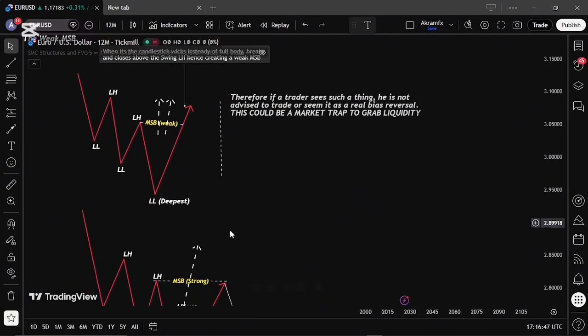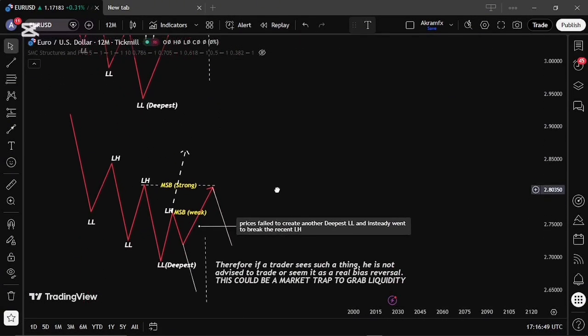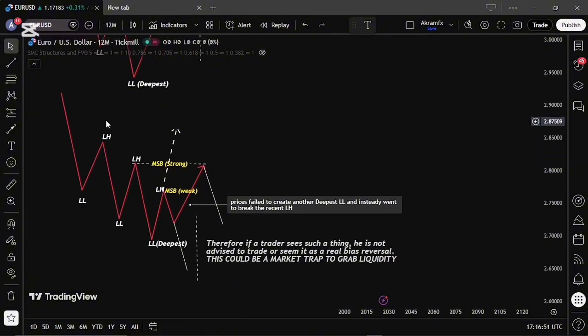Now for the other scenario, price moves in a series of lower high, lower low, lower high, lower low.